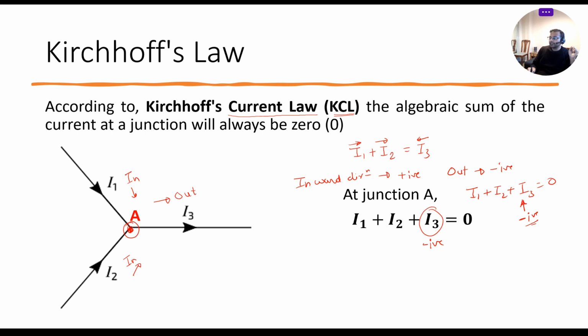So either you can say the sum of current flowing into the junction will be equal to the sum of current flowing out of the same junction, or you can say the sum of all the currents at the junction will be zero. Algebraic sum. Okay, algebraic sum of all the current at the junction will be zero. That is your Kirchhoff current law.